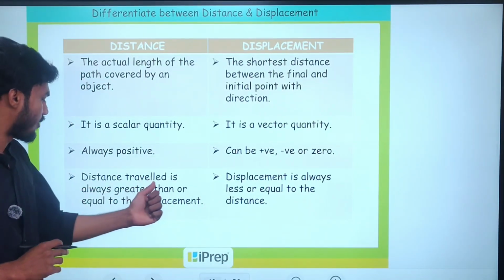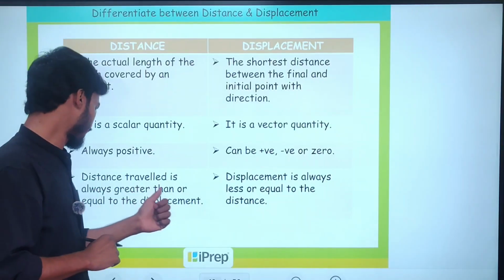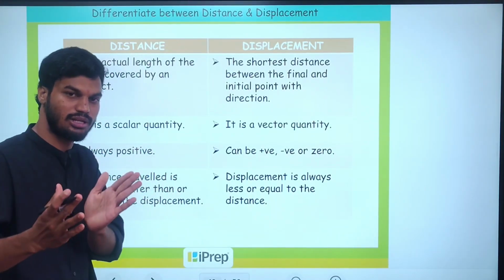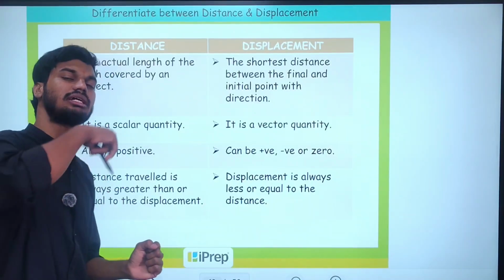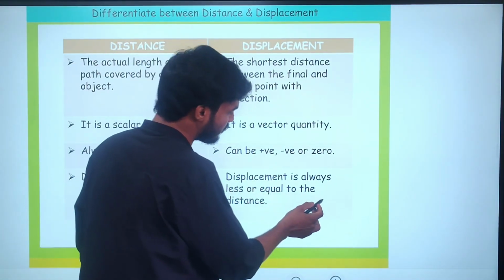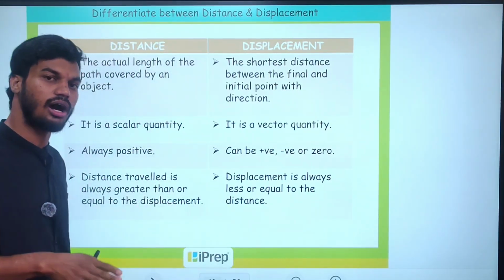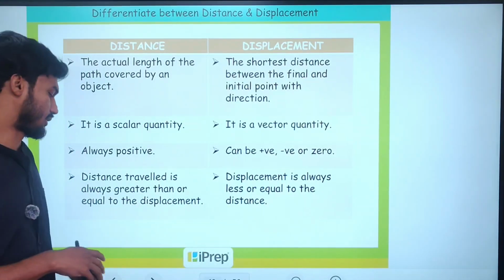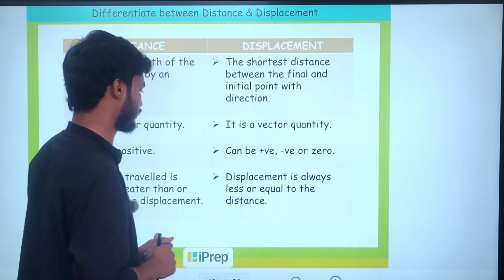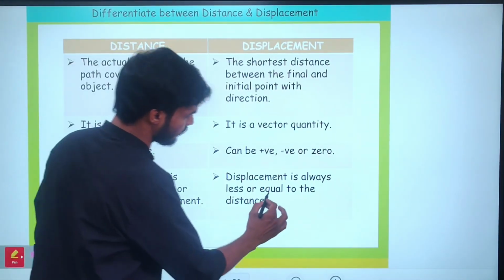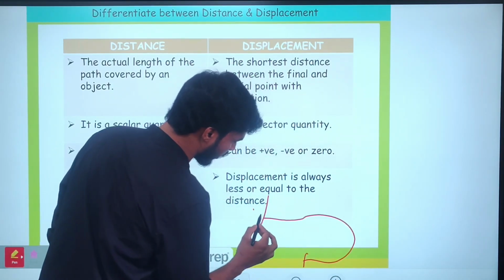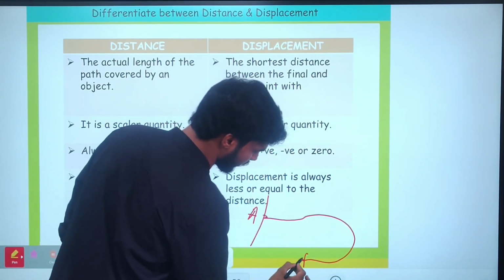Next, distance travelled is always greater than or equal to the displacement. So when you compare distance and displacement, distance is always greater than the displacement, but the displacement is lesser than, equal to, or shorter than the distance. What are we saying here? A car started from here and ended here.